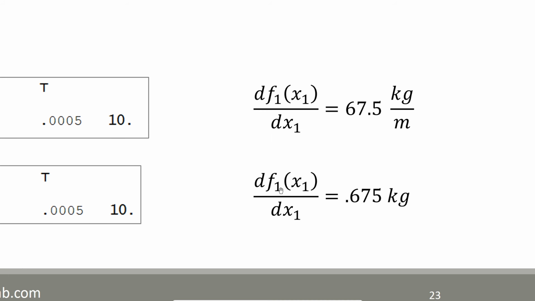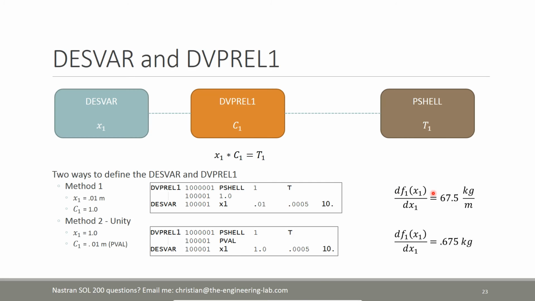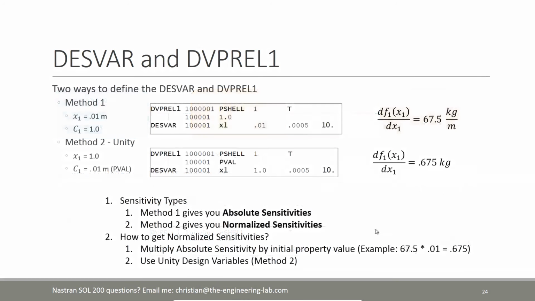So the new sensitivity of f1 with respect to x1 would be 0.675 kilograms. Now, the way you can get from this coefficient to this coefficient, you would simply multiply your absolute sensitivity times the original parameter value. In this case, it's 0.01. When you do that, that will give you your normalized sensitivity coefficient.